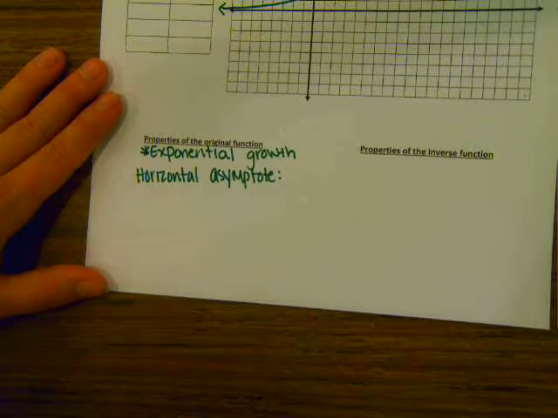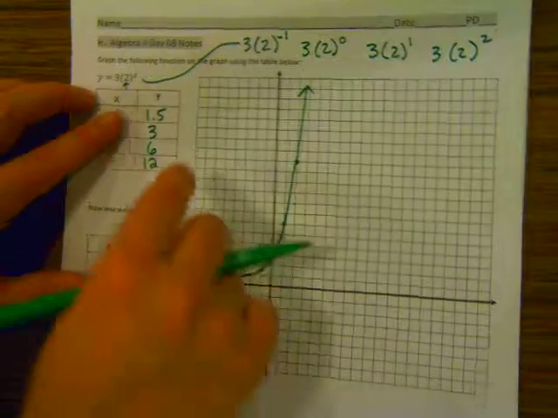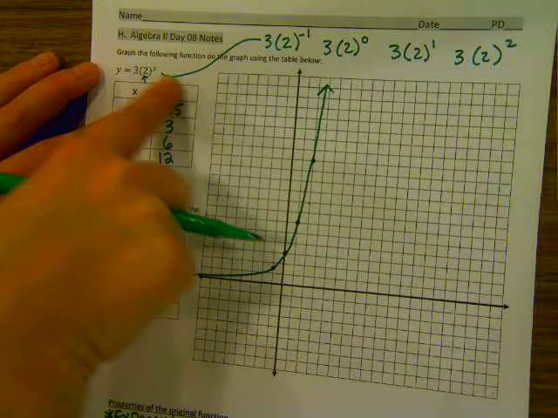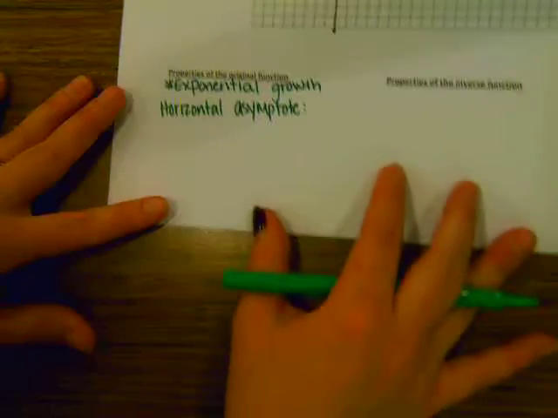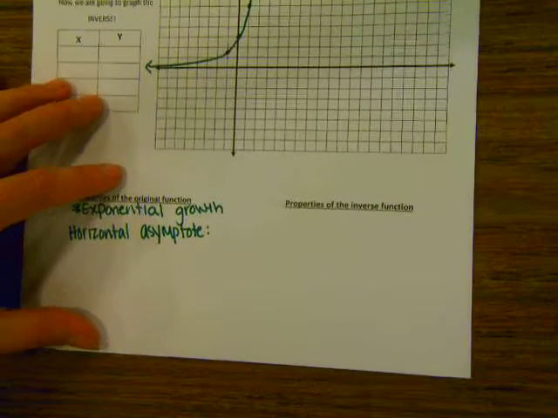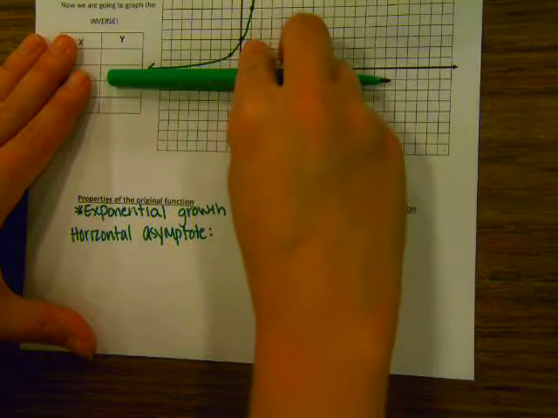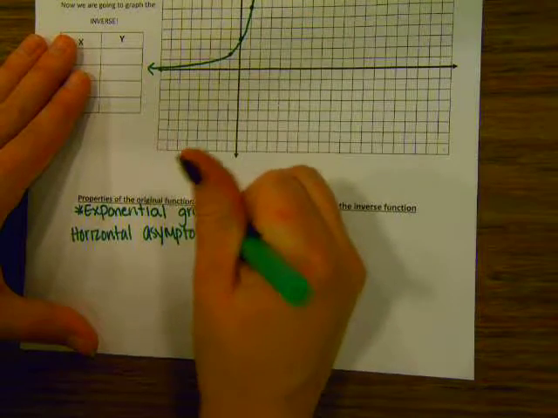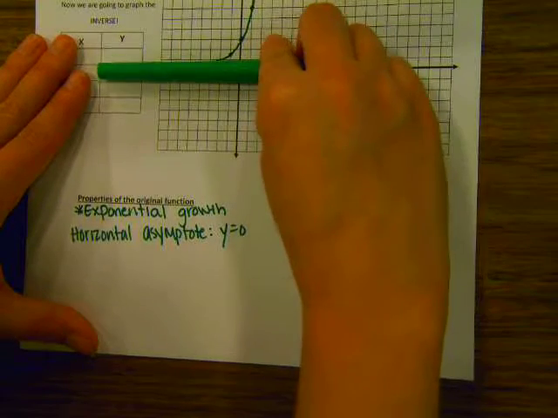Now, because this is the parent function for the most part, looking back up here, there's no h and there's no k. Since k is 0, the horizontal asymptote, and you can see it right here on the graph, approaches y equals 0 and never crosses. So it's never crossing the x-axis.